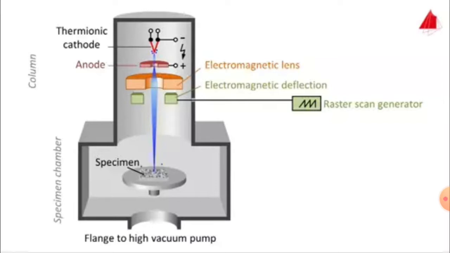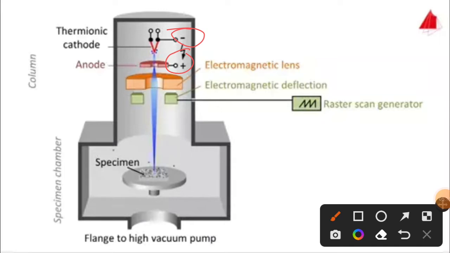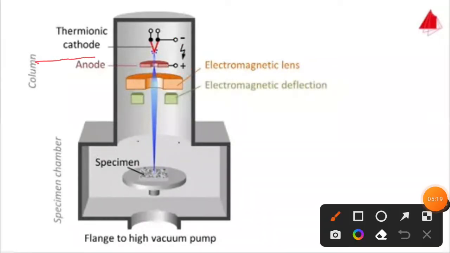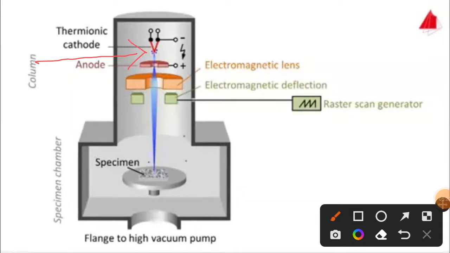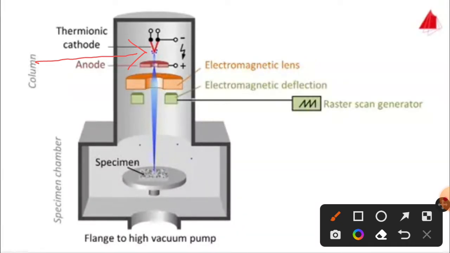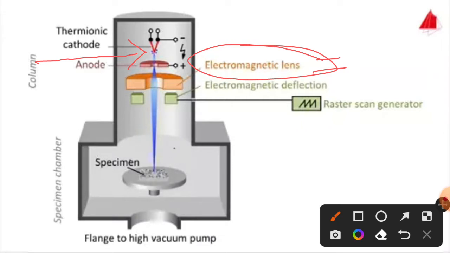The anode and the thermionic cathode are attached to a positively charged electrode and a negatively charged electrode, and as a result it creates an electrical field between them. This electrical field will accelerate electrons towards the electromagnetic lens.